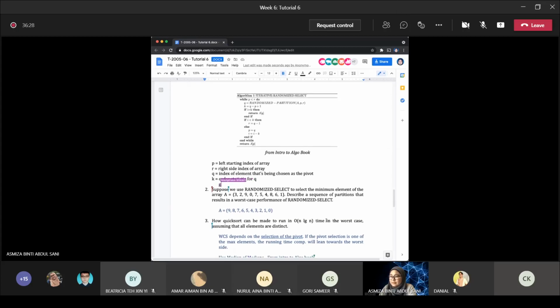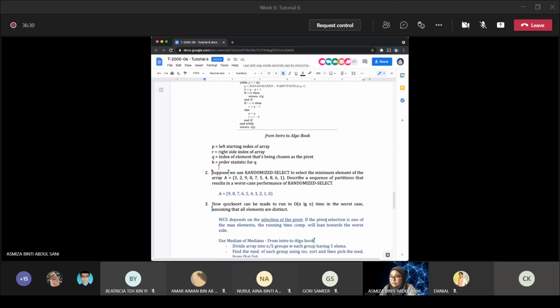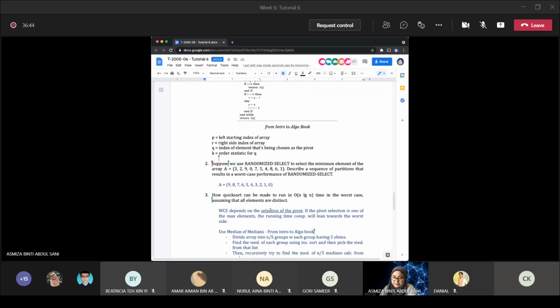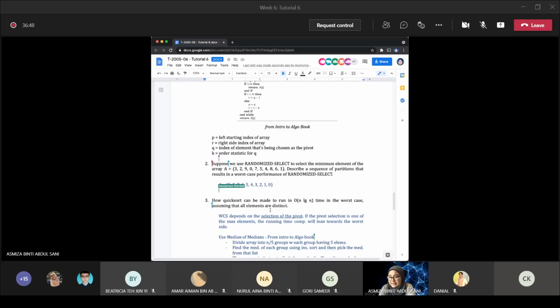All right. So for question number 2, suppose we use randomized select to select the minimum element in the array A. You need to describe a sequence of partitions that results in the worst case performance of randomized select. In this case, we can ask what is the sequence of K that we are going to find.